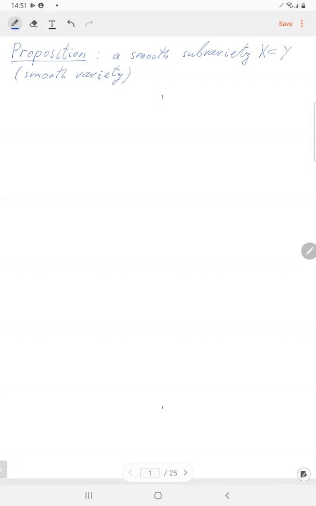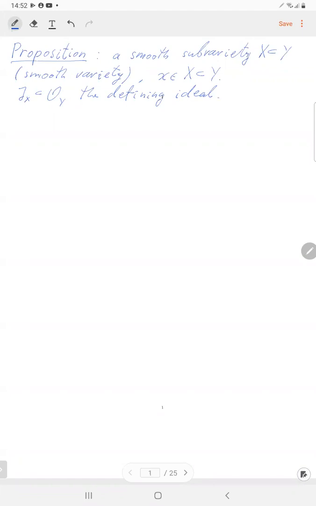And let x be a point, and let us take the defining ideal, so J_X, the ideal of functions vanishing on X. Now locally around this point, yes, around a point of Y, not X but Y.